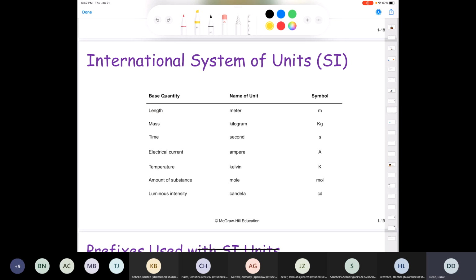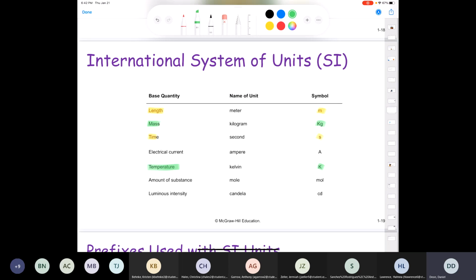And you can actually derive any other unit from the 7 units that are found on this slide. So for length, we use the meter, which is abbreviated m. For mass, we use the kilogram, which is kg. For time, we use the second. For temperature, we use the Kelvin.